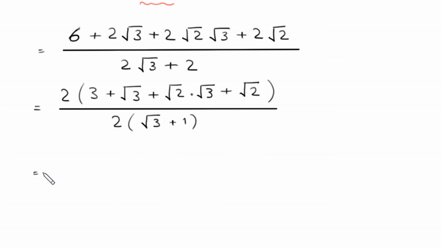Next, this 2 will be cancelled out with this 2, and this 3 can be written as square root of 3 times square root of 3.